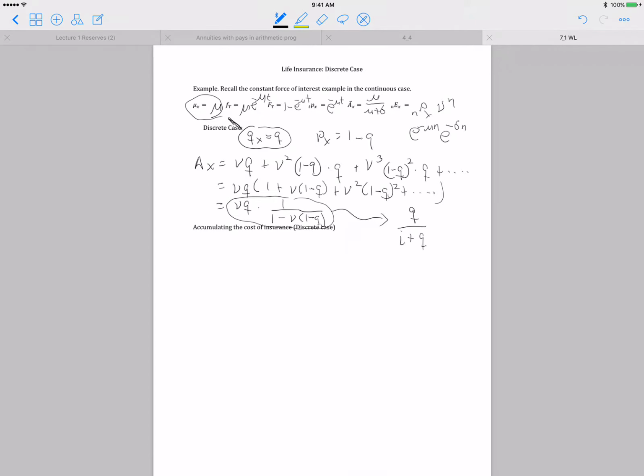And the final thing to note is if you calculate the second moment, remember all you have to do once you've calculated the first moment, you could go through the whole calculation again. But remember, if you have annual interest, you just replace i with 2i plus i squared to get the second moment.